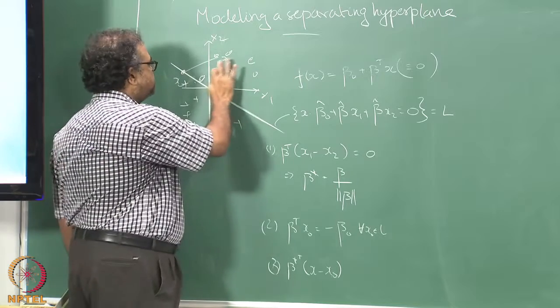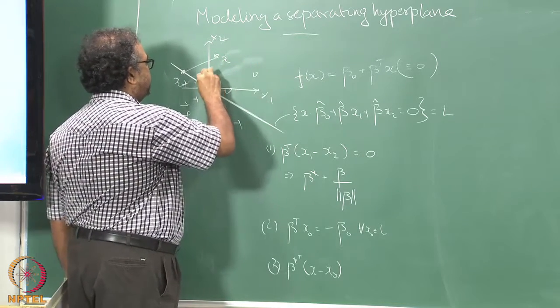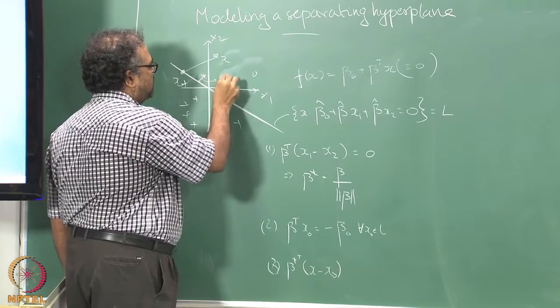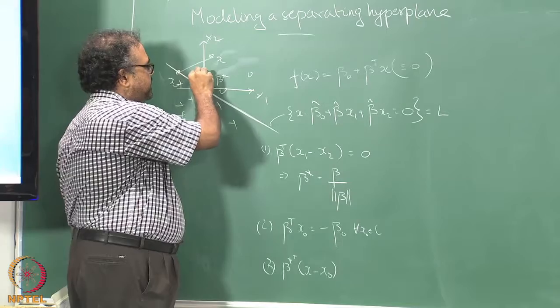Some x, and this will be the direction of beta star. So this is essentially projecting that onto this direction.